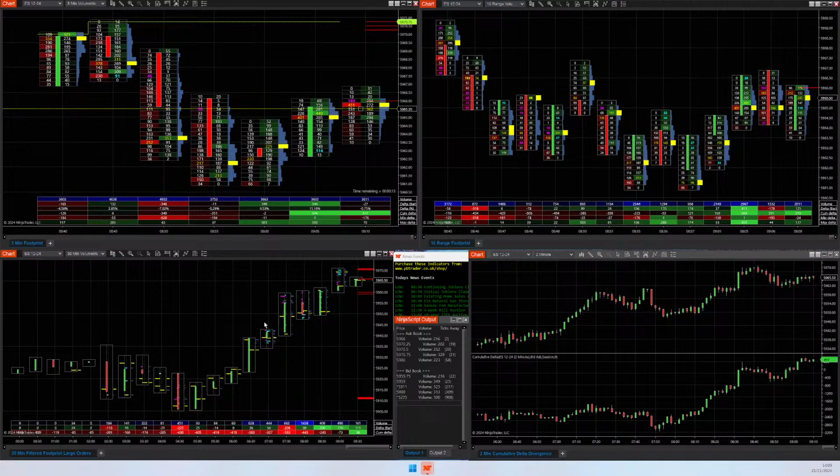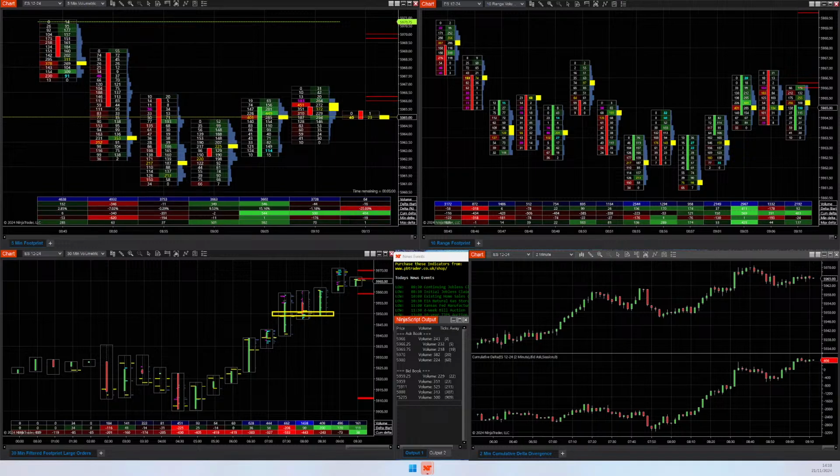Looking at the filtered orders, we can see some aligned orders down here. 59.50. What was our level we're watching? 59.55. So yeah, potentially this could help us if we're going for the break and retest. We're looking to get in at 55. So we've got these aligned 30-minute filtered point of controls.